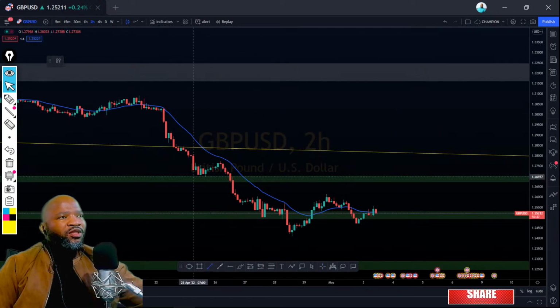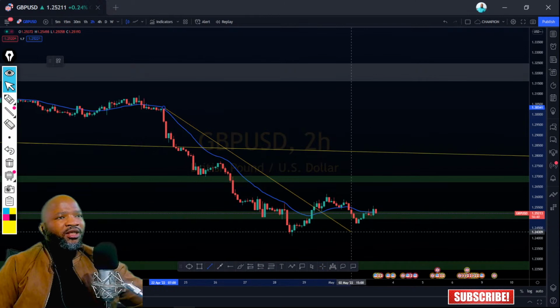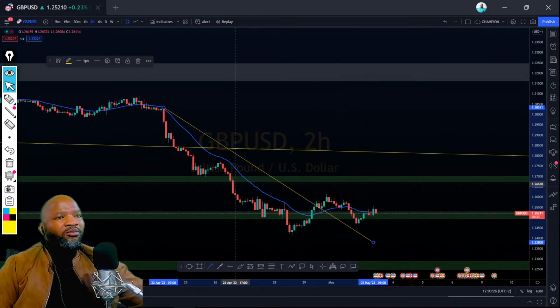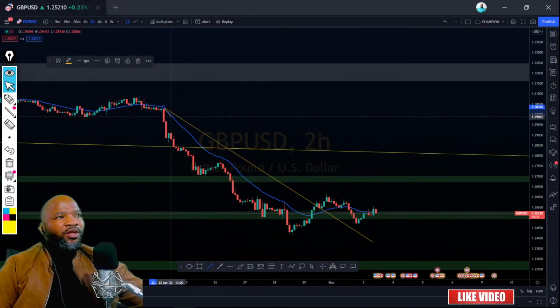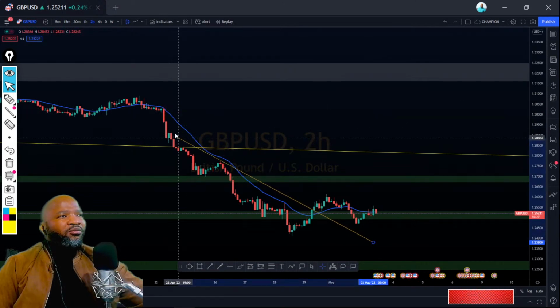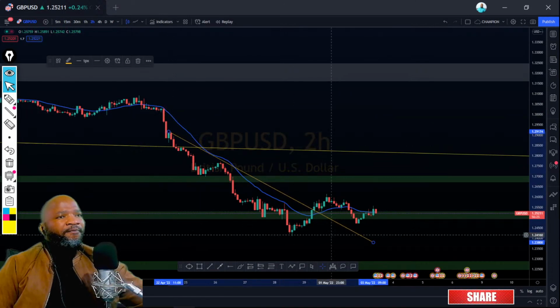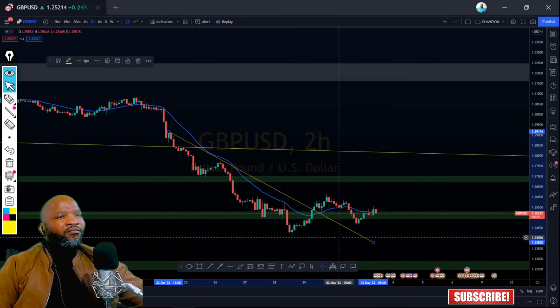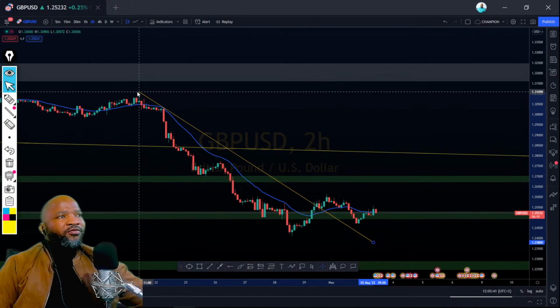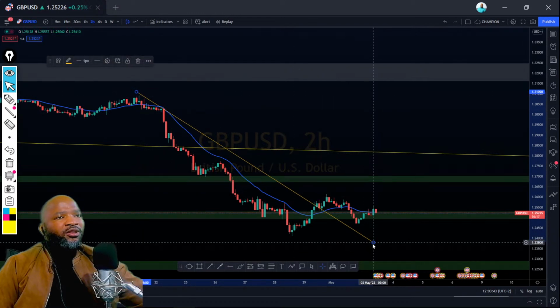If we use the trend line, we can witness that our price broke out of this. Let me use it from here. But still, this is our very important point.